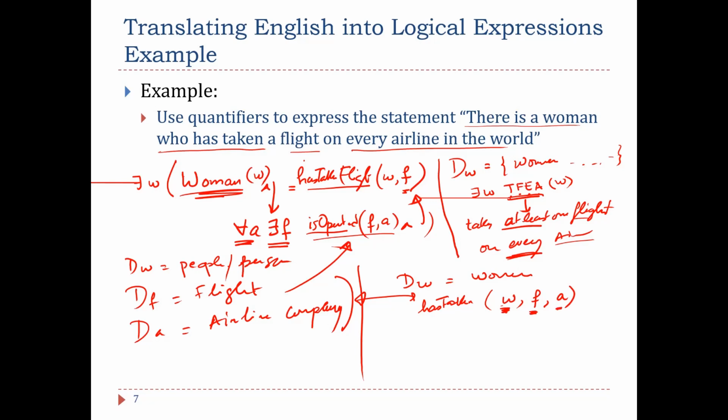Okay, if I use this combined predicate on one hand, and if I restrict the domain to only women, then I can say right away the following short version. Okay, there exists a woman W such that for every airline I can find the flight such that that woman has taken that flight from that airline company.